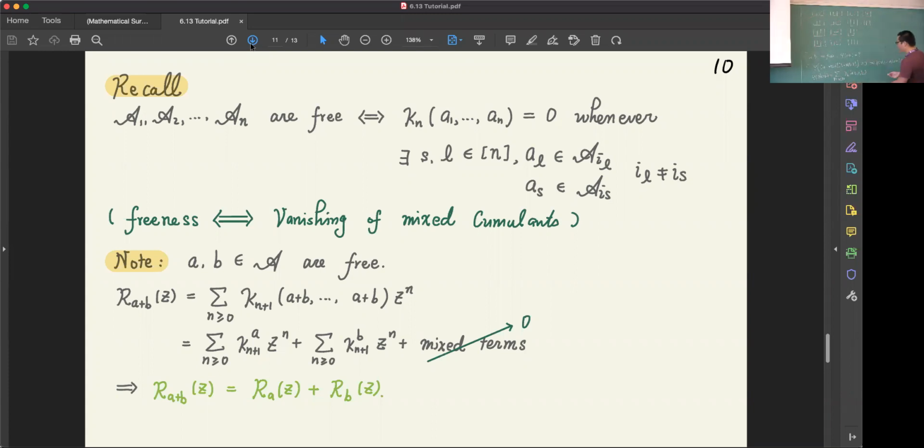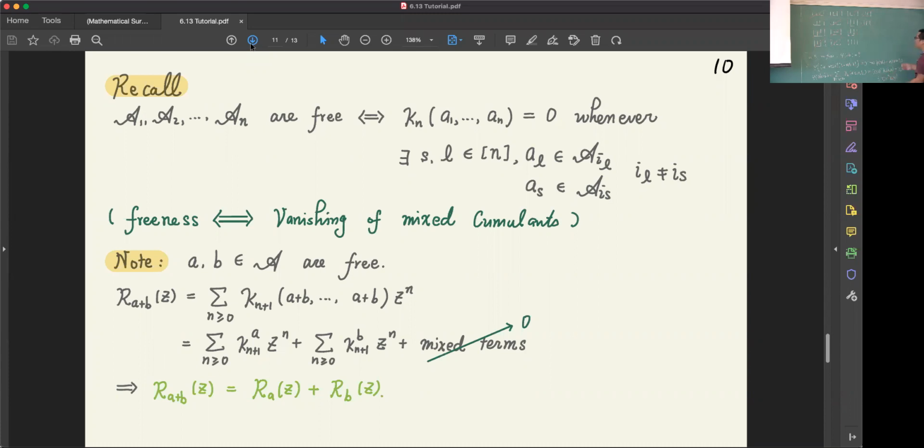What are they? These two are κ2: κ1(A)² κ2(B,B). Another one is κ1(B)² κ2(A,A). And the last one is κ1(A)² κ1(B)².